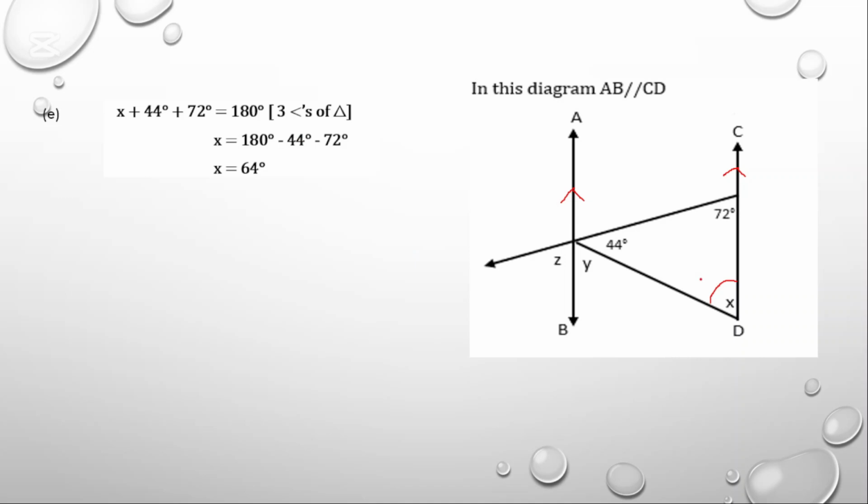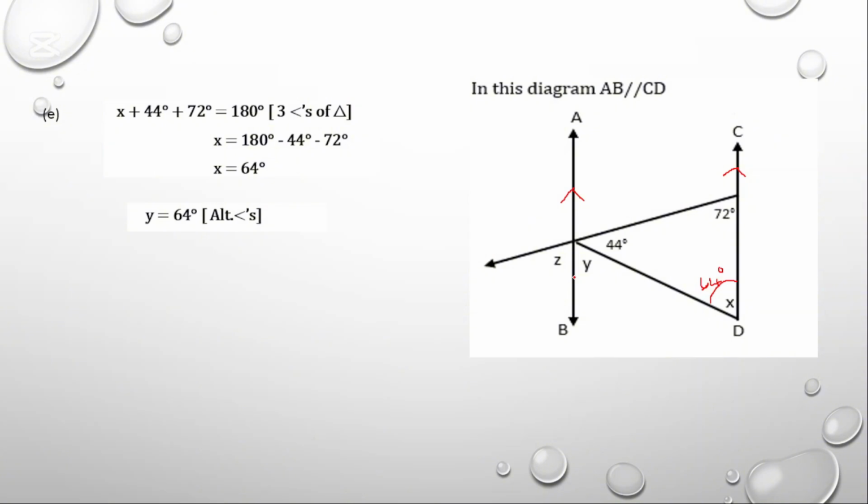So we have X now is 64, 64 degrees. Next one. I can see a pair of corresponding angles here. I can also see a pair of alternate angles here. Where do we start now? We start with Y. You see there?